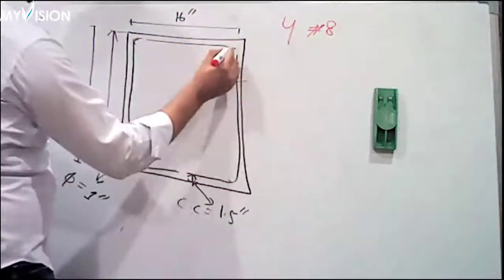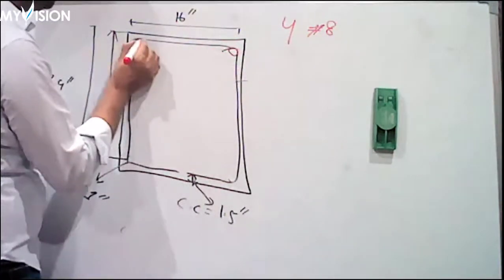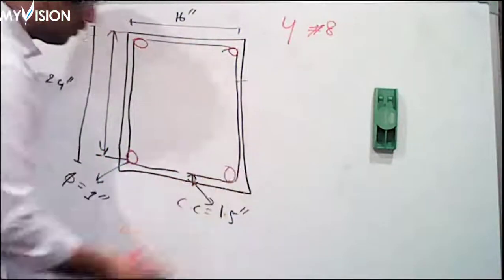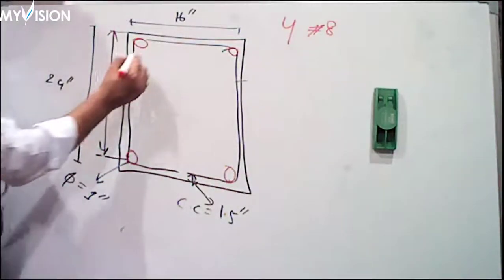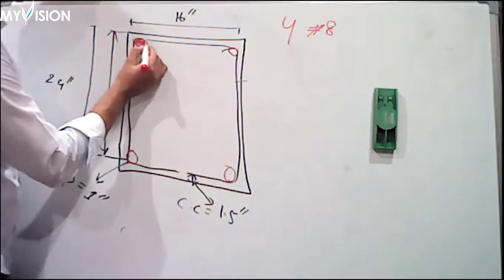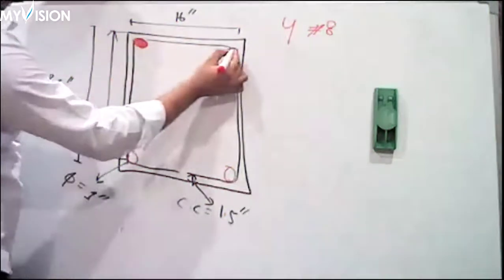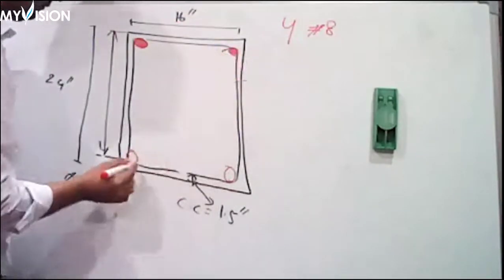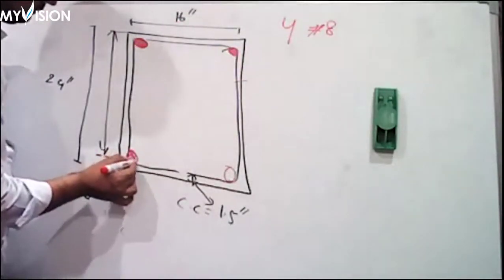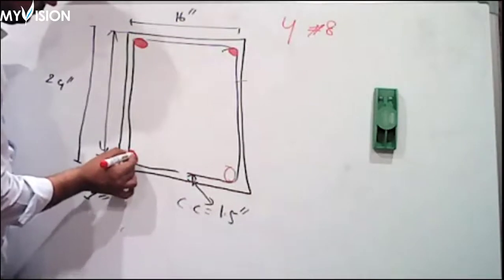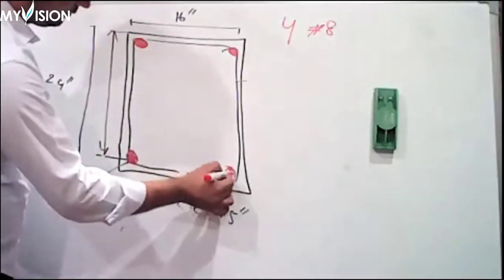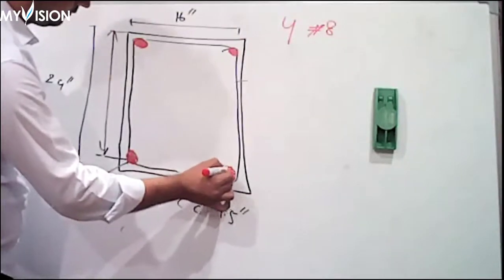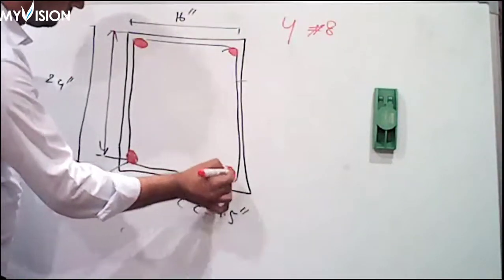This 4 bars means 1, 2, 3, 4. Let me shade it. Understand?